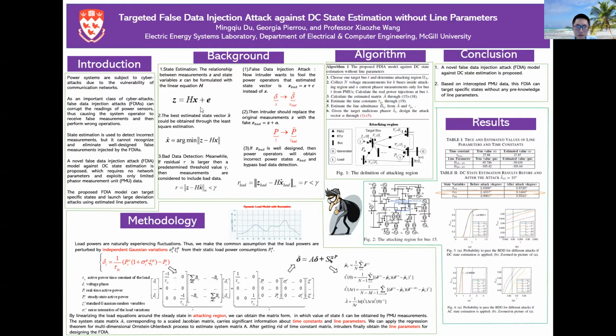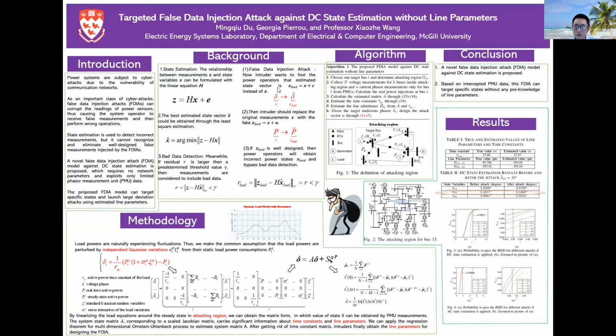So in the DC model, the system can be represented as the linear equation below, Z equals HX plus E. So the best state vector X hat should be this equation. Next, we have the bad data detection. If the residue is larger than the predetermined threshold, then the measurements are considered to include bad data.